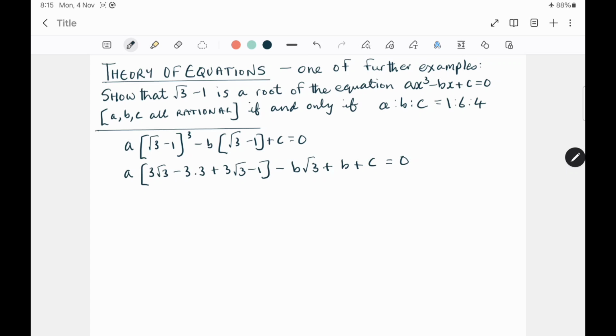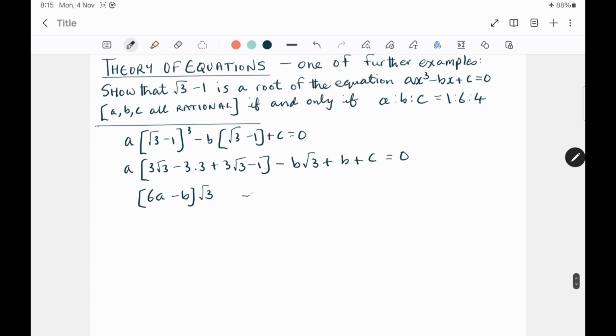Now, collecting the surd terms, what we get is (6a minus b) times the square root of 3, and the rational terms, minus 10a plus b plus c, equals 0.